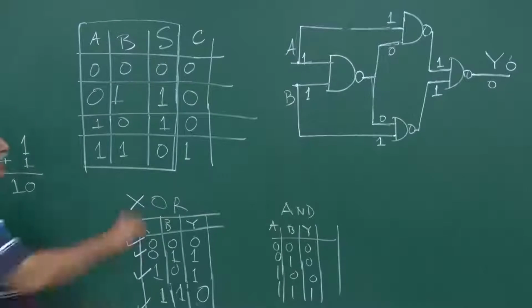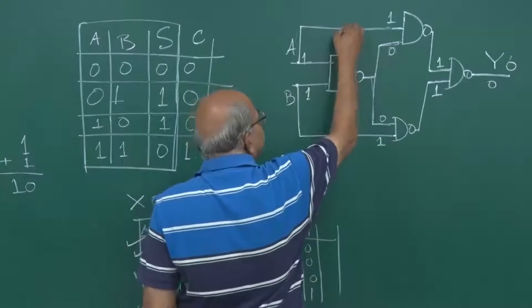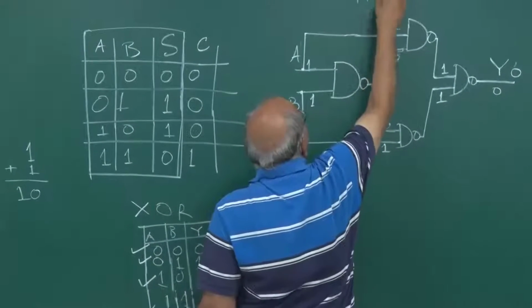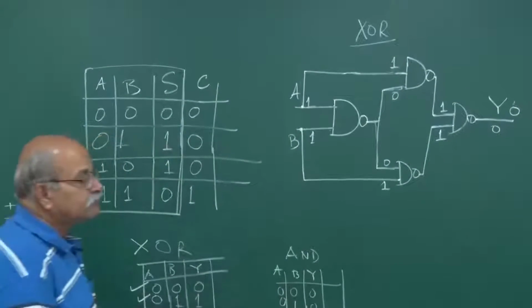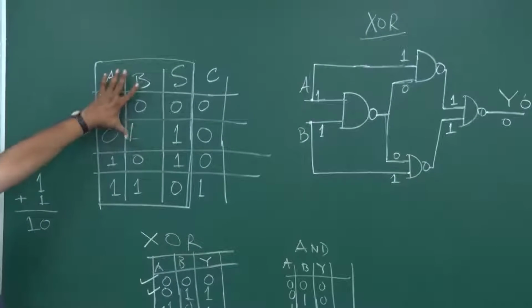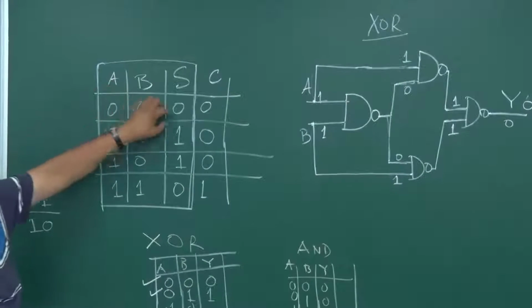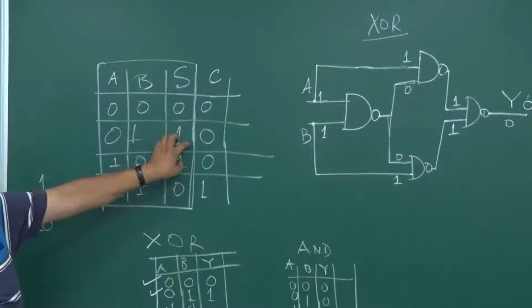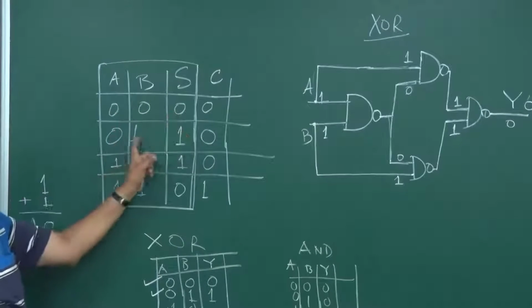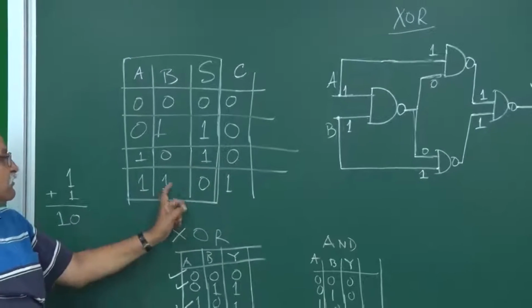Okay. So, this is the circuit realized with NAND gates and this is XOR. And this is also the sum. If I take this arithmetic addition, it is this S: 0, 0 gives 0, 0, 1 gives 1, 1, 0 gives 1 and 1, 1 gives 0.